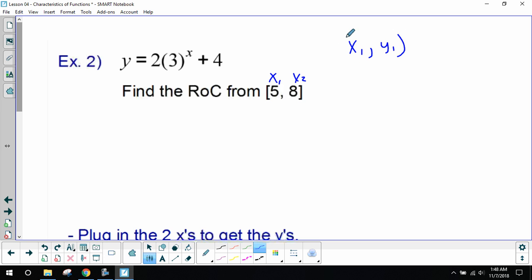Let's see what we get. I'm using my calculator. Plug it in as I see it. I got 490.